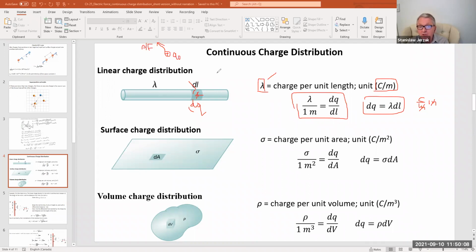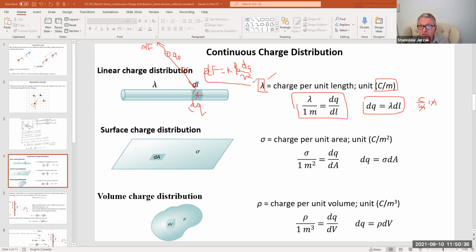And that tiny force dF would be written like you say: dF would be equal to the amount of force exerted by that one element on which the charge is dq, which would be equal to the Coulomb constant K times Q0 times dq, divided by the square of the distance, this distance r.